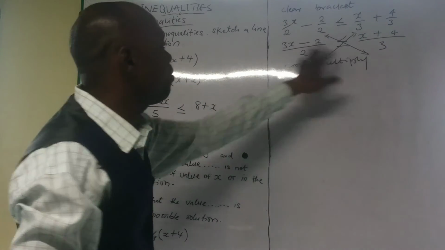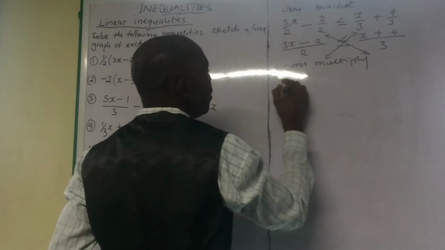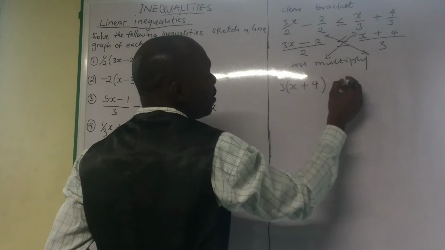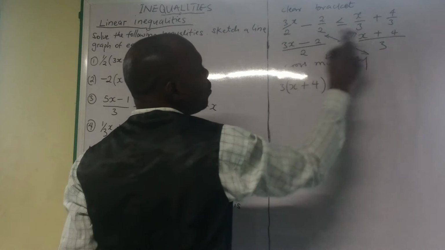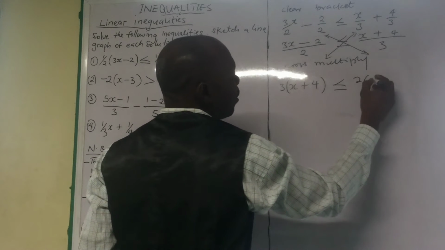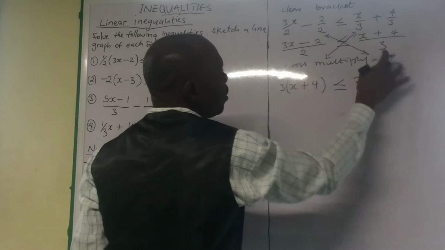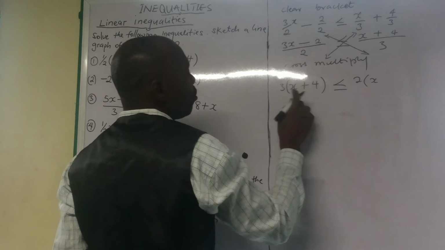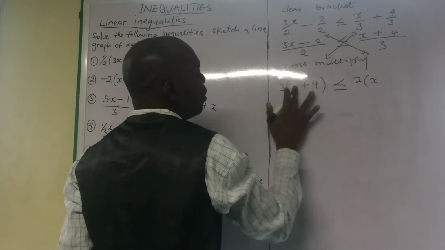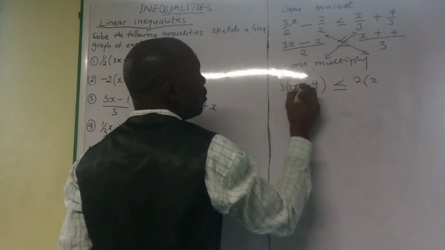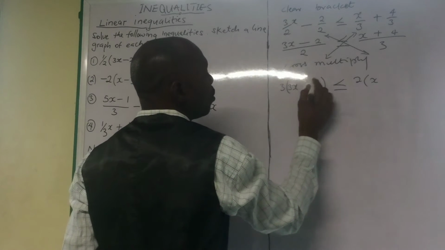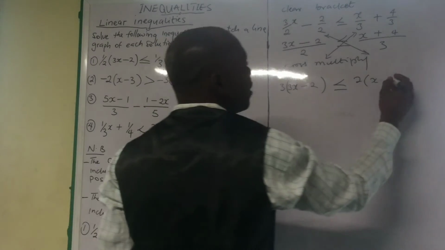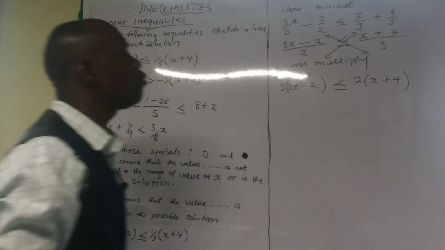It's going to give us 3 bracket x plus 4 close bracket less than or equal to 2 times bracket 3x minus 2. There was a mistake here. Once you cross multiply, use this 3 to multiply this side, then use this 2 to multiply the other side, so it's going to be like this.